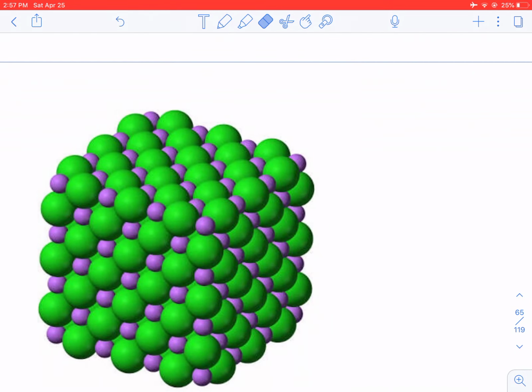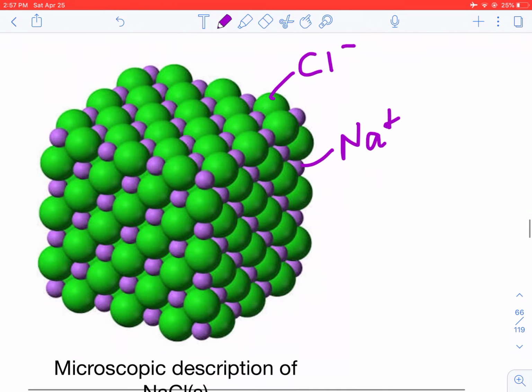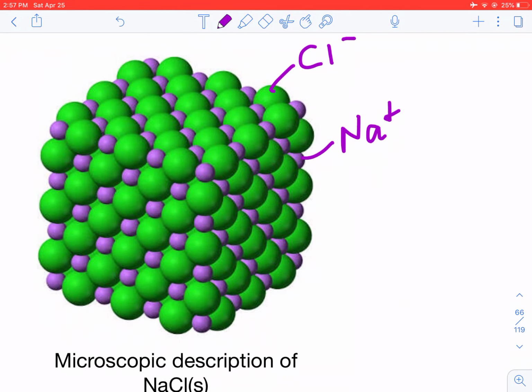We have seen this before, and we know that the salt is made of chloride ions, correct? And the smaller ones, they are sodium ions, right? How do we know? We know that the ionic radius of the sodium ion is smaller than the chloride ion, so the larger ones are the chloride ions. So here you have these sodium and chloride ions extending over this entire framework.